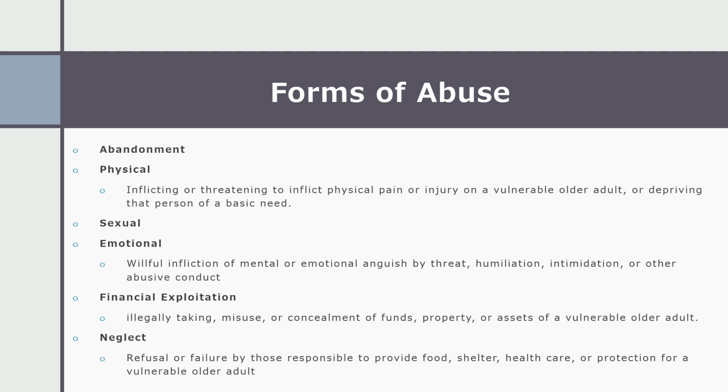A form of abuse that is specific with elder abuse is financial exploitation. This is illegally taking, misusing, or concealment of funds, property, or assets of a vulnerable or older adult. We talked about at the onset that property crimes are typically more prevalent with older adults and abuse later in life. And that's really our financial exploitation.